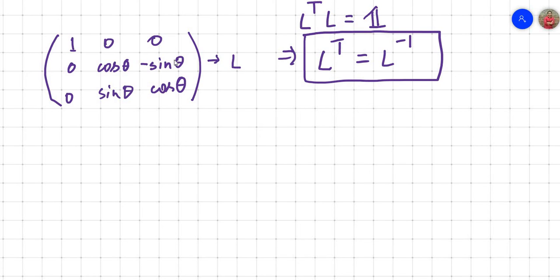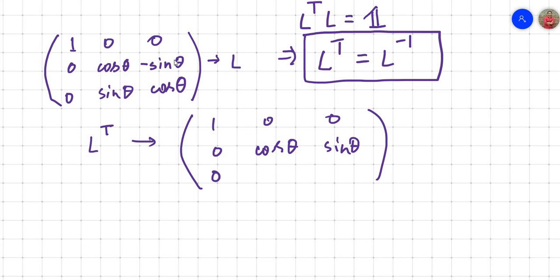This would correspond to the representation of L, and L transpose therefore would be 1, 0, 0, 0 cosine theta sine theta, 0 minus sine theta cosine theta, which is indeed the representation of L inverse. So that means it's true.